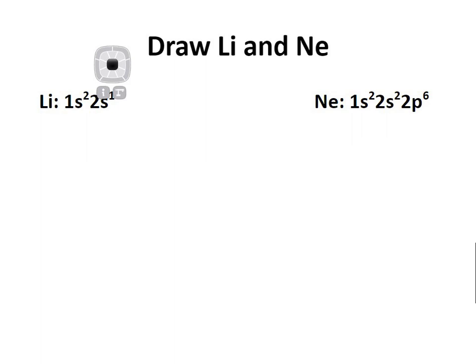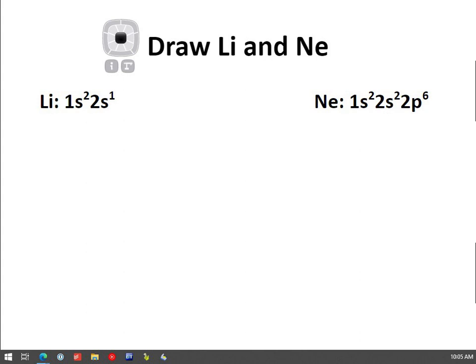The next part of that we talked about is if we're looking at, say, lithium, it's got 2 energy levels, and neon also has 2 energy levels. Which one has a tighter hold on its electrons?